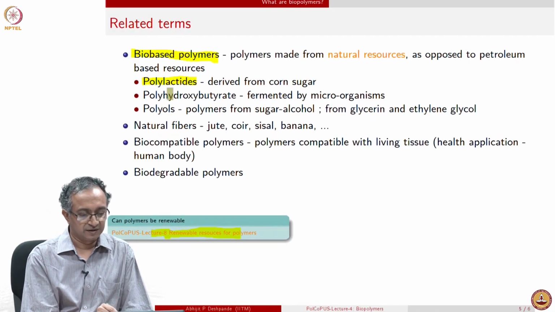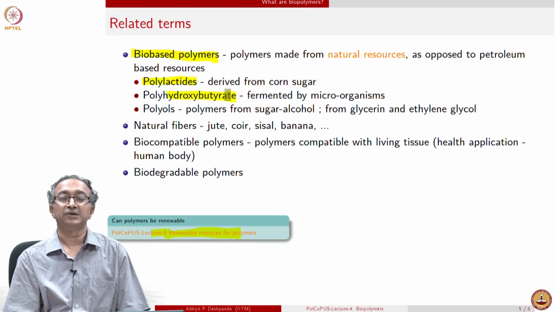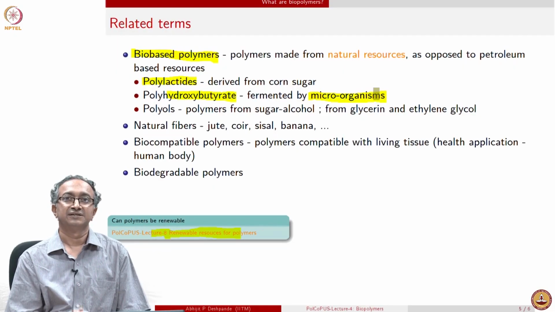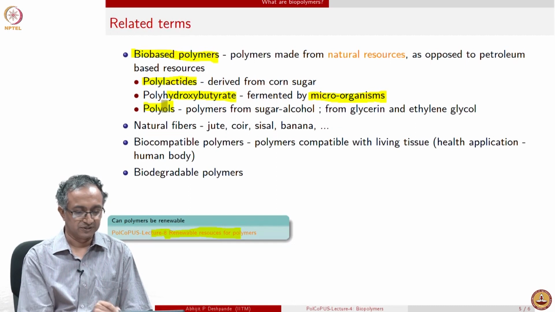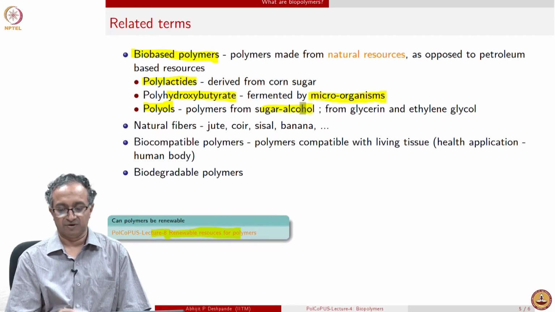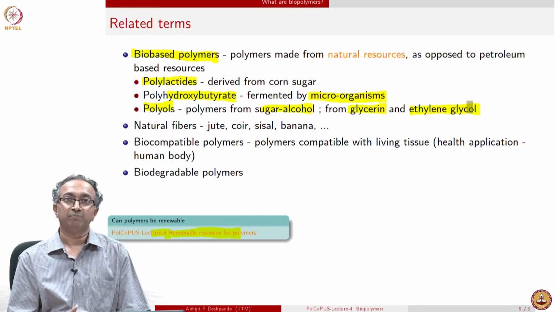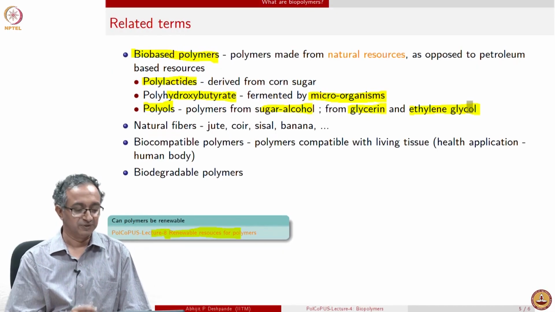We also have polyhydroxybutyrate, which is made by microorganisms, and this is another example of a bio-based polymer, or polyols, which are based on sugar alcohol. These are examples of polymers made from renewable or bio-based resources, and therefore they are called bio-based polymers.